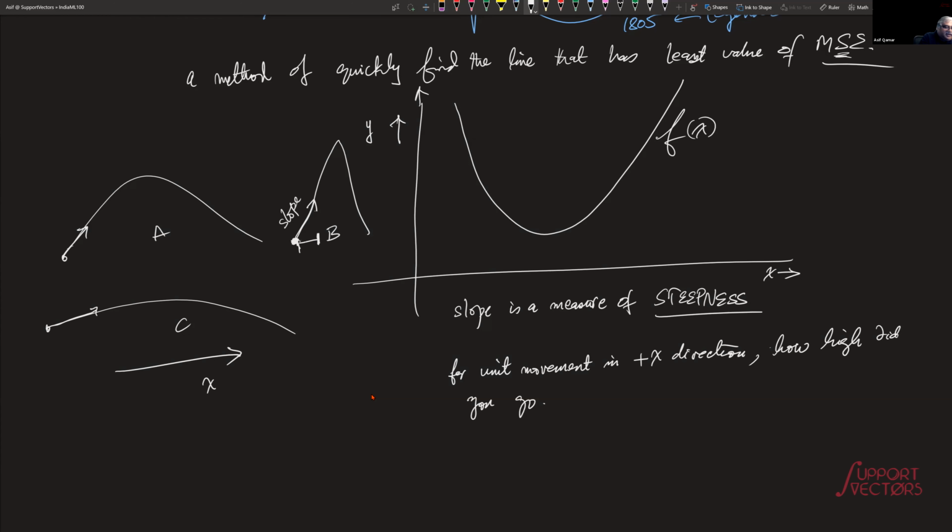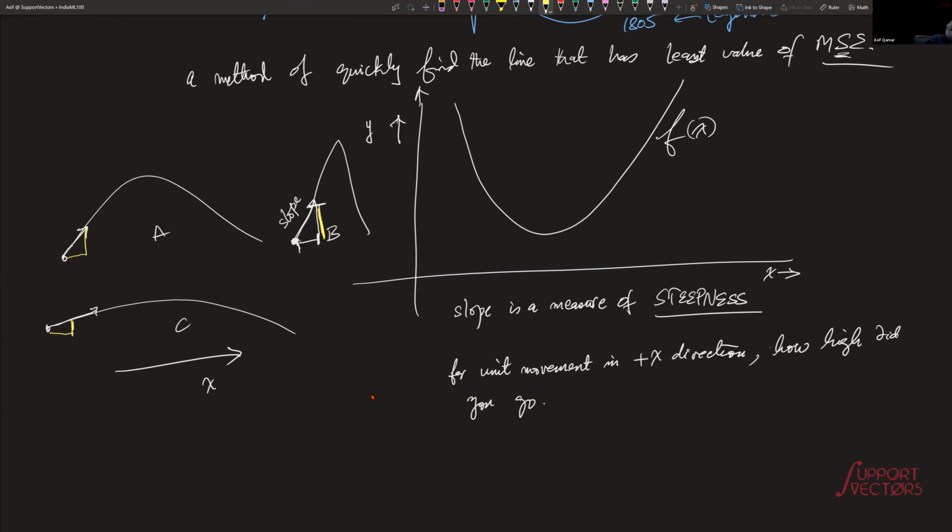So if you look at B, you have risen this much, right? You have gone this distance in B. Whereas for C, you start here and you go the same distance, and you notice that this is much smaller. For A, you go the same distance, and it is this much.